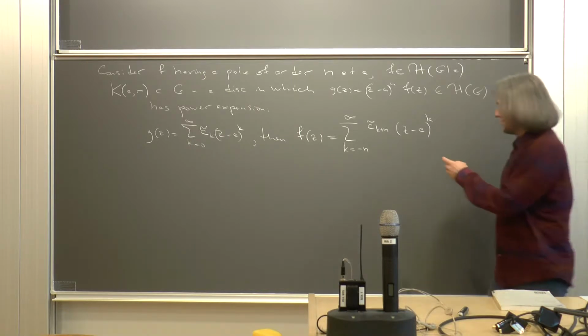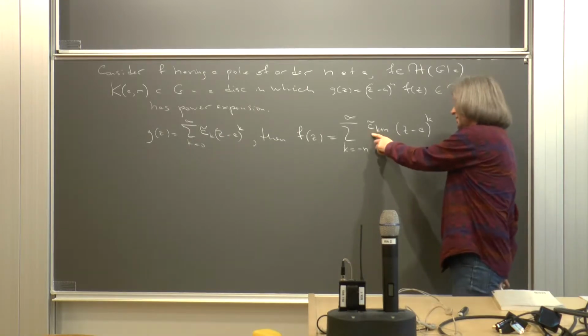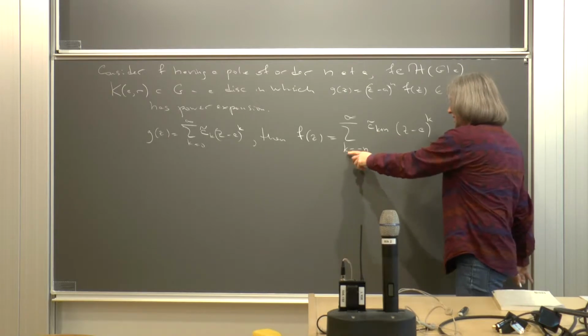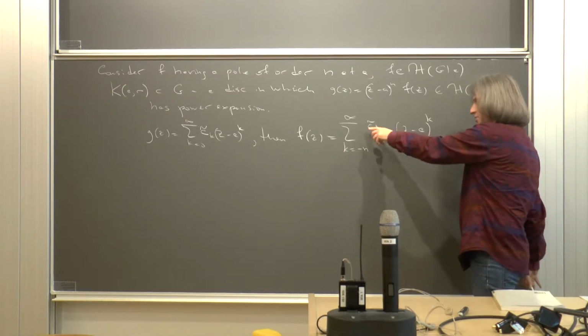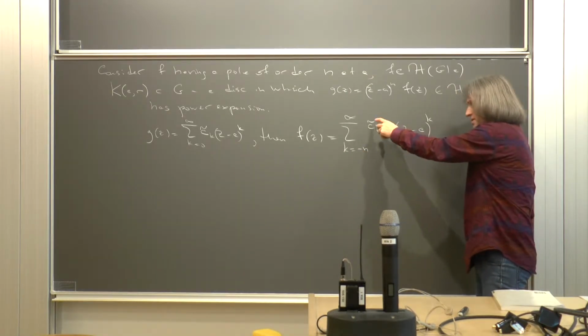So there's a shift. The first one appearing here will be k equal minus n, and the first c tilde will be c tilde 0.